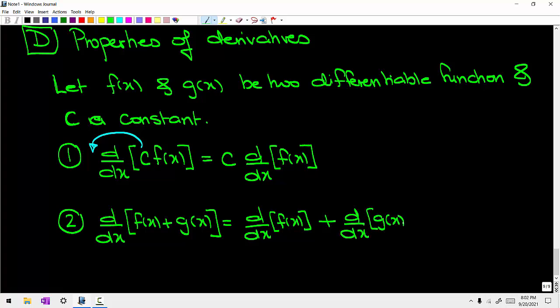We can go ahead and distribute that derivative. This is referred to as term by term differentiation, and it'll be used a lot.